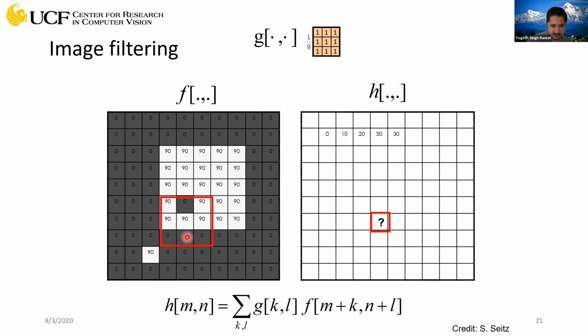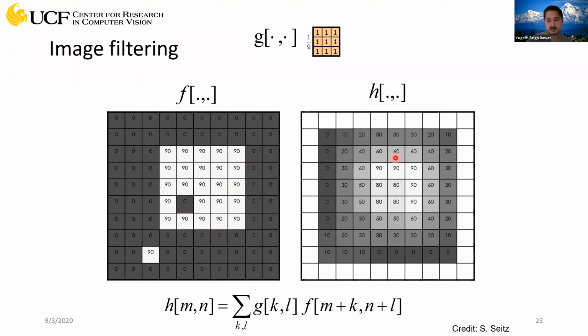Now let's put this filter at this particular location. These 4 pixels are 0 and these 5 pixels are 90. So it will be 5 times 90 over 9, and that will give you a 50. And in this case, all the neighborhood pixels are also 90, same as the current pixel, so the value is not going to change. It will remain 90. That's the final result when we apply this filter at every possible location, ignoring the borders.